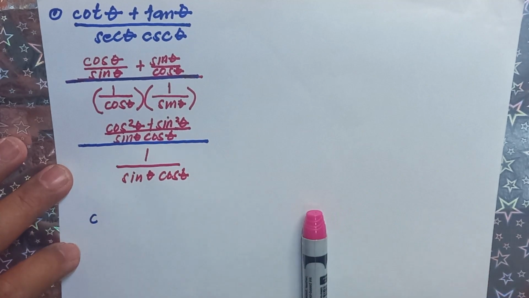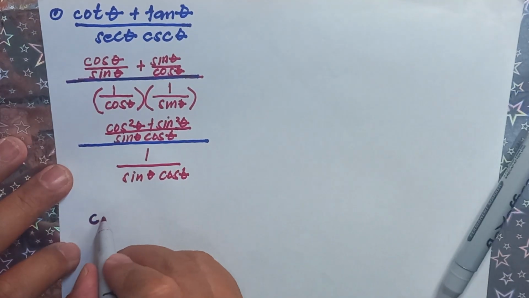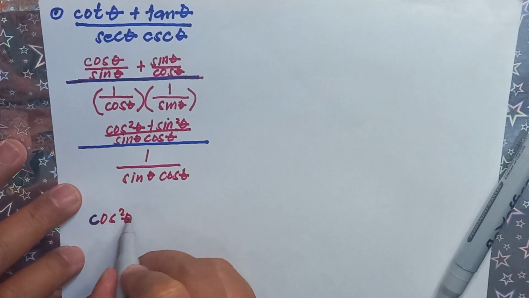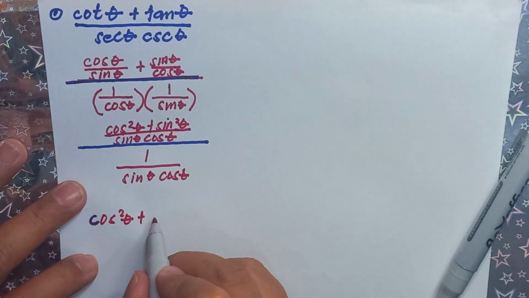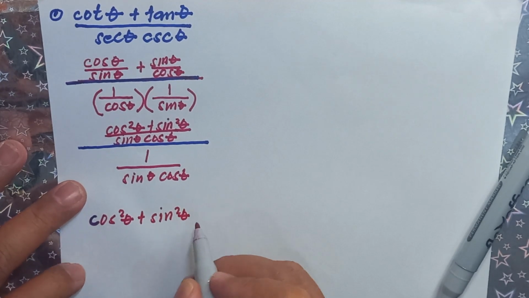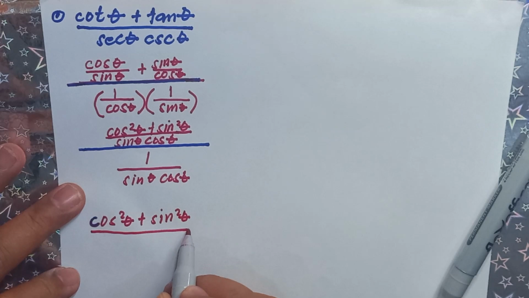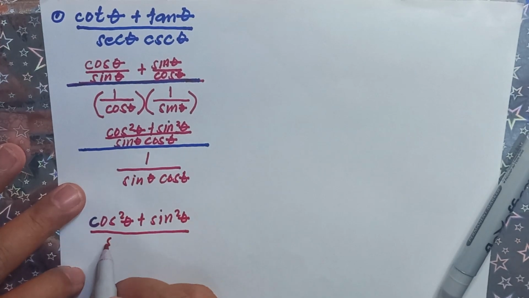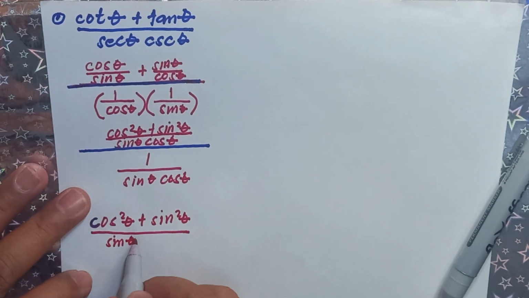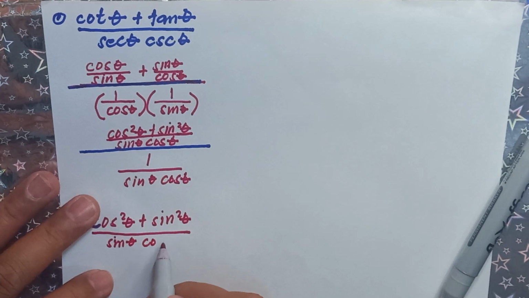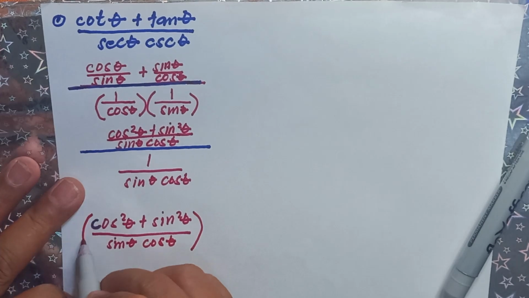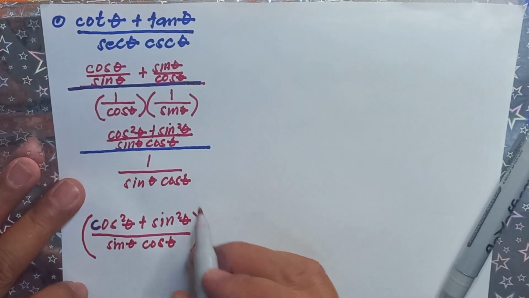The numerator is cosine squared theta plus sine squared theta over this one, sine theta cosine theta. Okay?